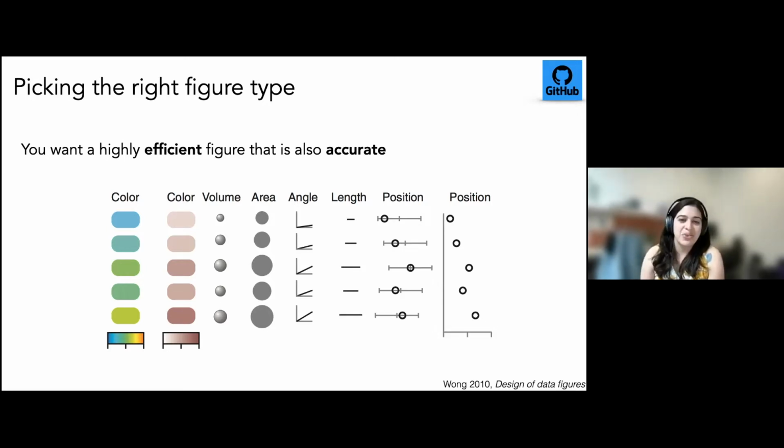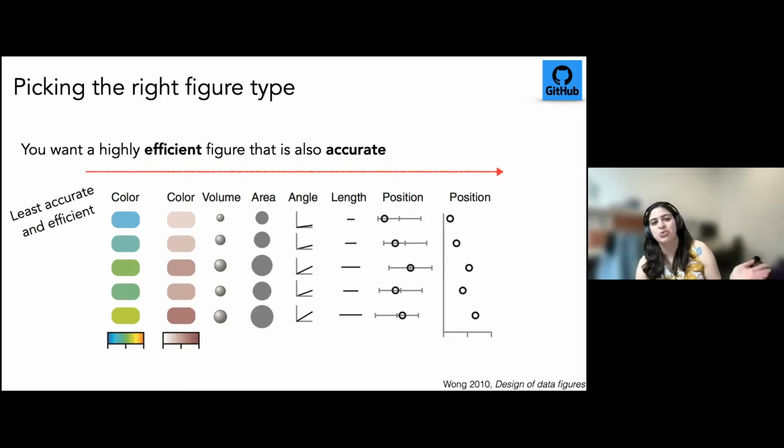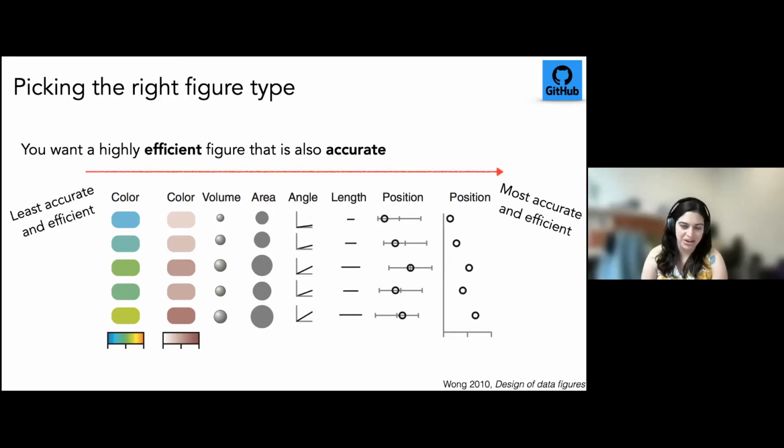This figure is actually organized from least accurate and efficient to the left, to most accurate and efficient over to the right. Color and volume and area and angle are all really hard for our minds to quickly understand, like how things are associated relative to each other.